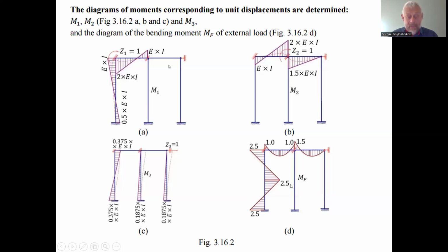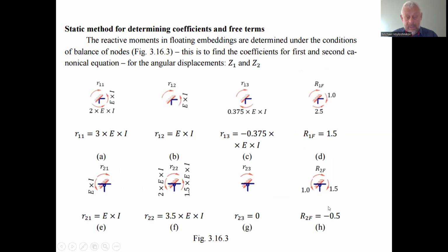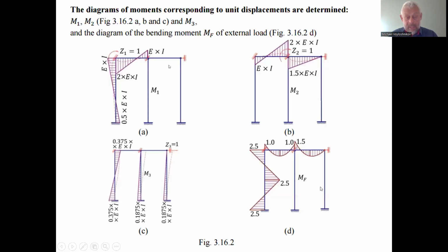And what is the free summand in the third equation? As well, we consider the balance of forces on the vertical stand here, because other stands do not have transverse forces, and the transverse force in the horizontal stands does not impact the force arising in this horizontal extra connection.